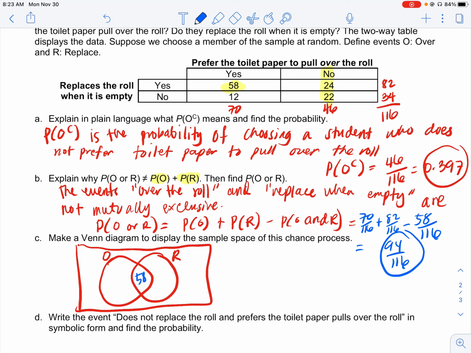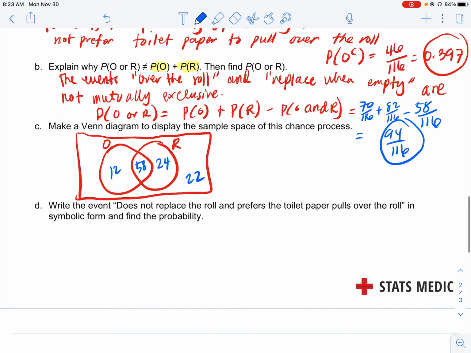And everybody that said yes to replace is 82, but because we already have 58, that leaves us 24 on the other side. Everybody that says over the roll is 70, but I already have 58 in the middle, so that leaves me 12 there. And these 22 people are the no over the roll and no replace the roll when it's empty. So that is your Venn diagram.